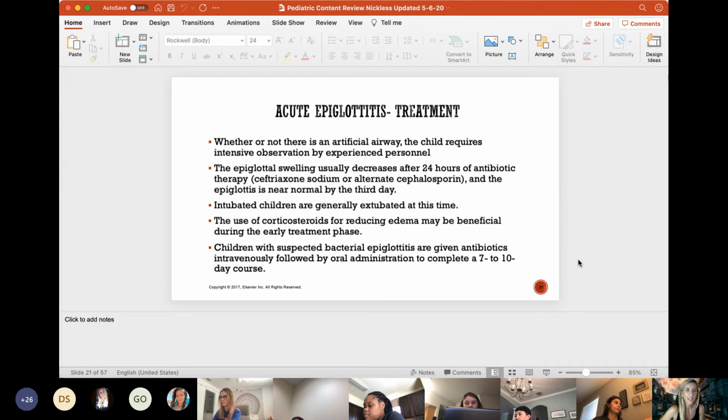And so typically, if they are intubated, we try to get them extubated, because we don't want to have to put in a trach, okay? And so they may also be on steroids, which we know is going to reduce inflammation. And so we'll typically give them antibiotics if we do think it's a bacterial form of this.